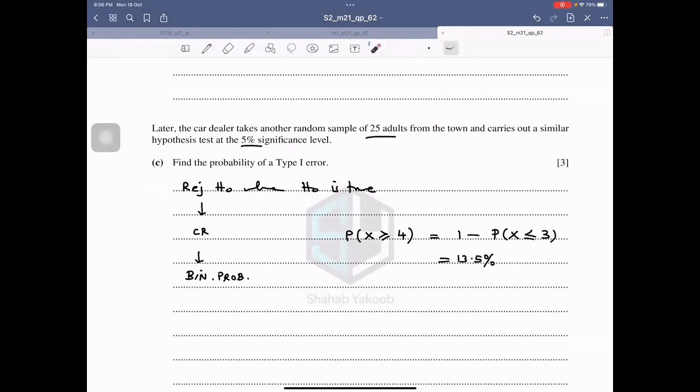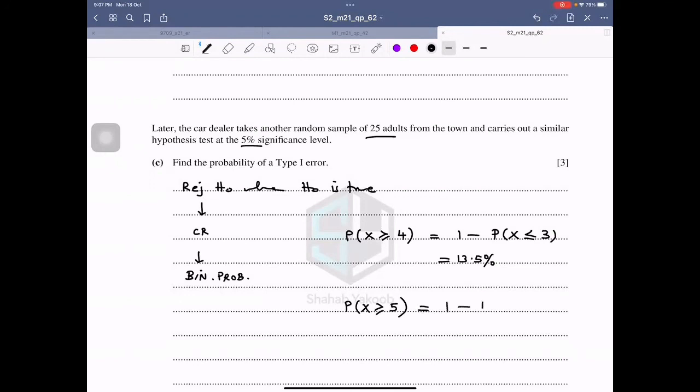I want this percentage to be reduced. That means there should be more terms over here so that after subtraction it reduces. Let me calculate probability x is greater than or equal to 5. I'm looking for the critical region. What is the minimum number that is required?